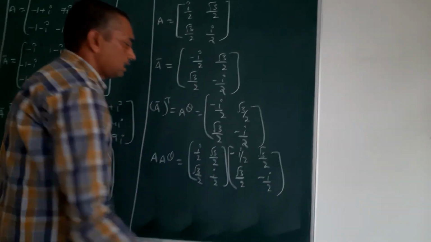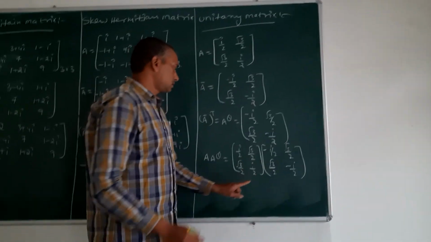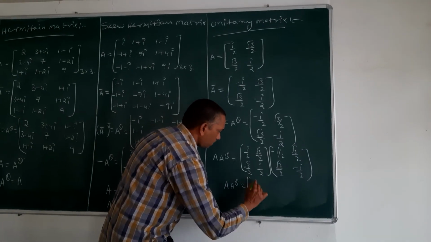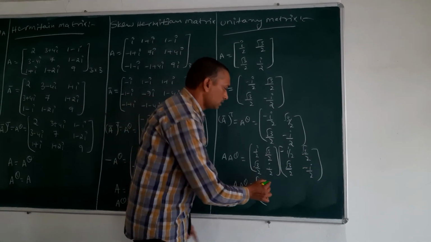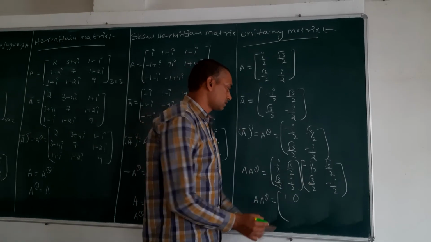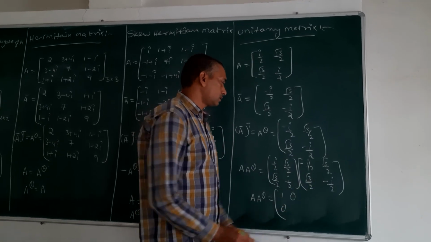From this data, this into this plus this into this equal to 1. This into this plus this into this equal to 0. This into this plus this into this equal to 0.